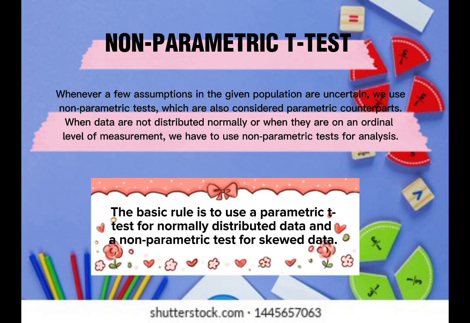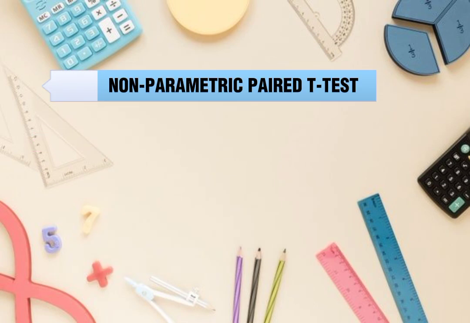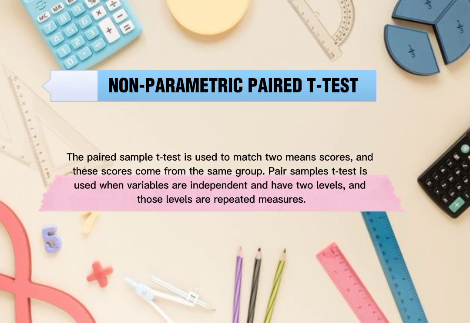The basic rule is to use parametric t-test for normally distributed data and a non-parametric test for skewed data. Next, a non-parametric paired t-test. The paired sample t-test is used to match two mean scores, and these scores came from the same group. Paired sample t-test is used when variables are independent and have two levels, and those levels are repeated measures.